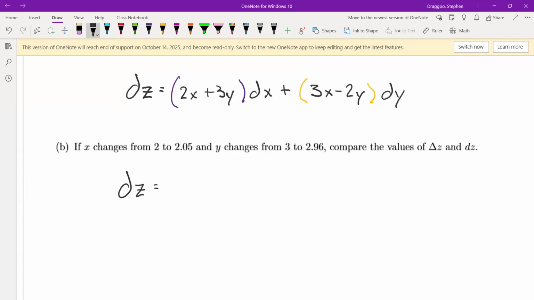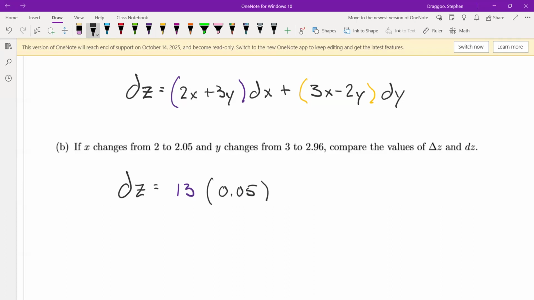That's my goal here. So if x and y are 2 and 3, then my purple quantity looks like it's going to be 4 times 9, which is 13, times the change in x, which is 0.05. Right, x is changing from 2 to 2.05, so the change in x is 0.05.